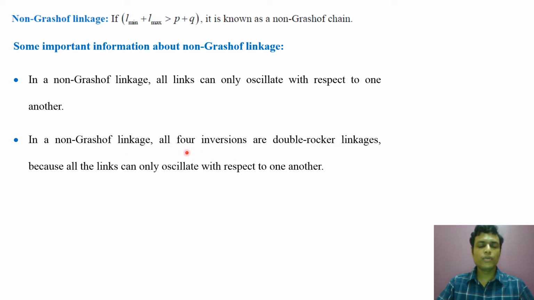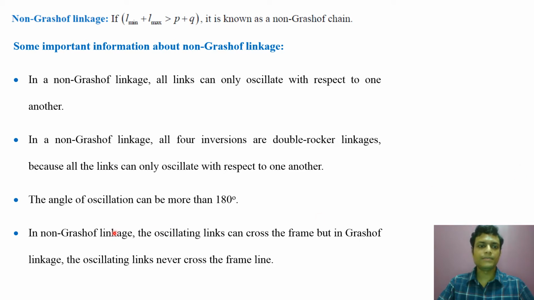So all four inversions will be double rocker linkages because all the links can only oscillate with respect to one another. But here the angle of oscillation can be more than 180 degrees. In a Grashof linkage, the oscillation angle was less than 180 degrees. Here, the angle of oscillation can be more than 180 degrees.